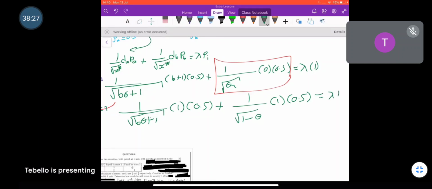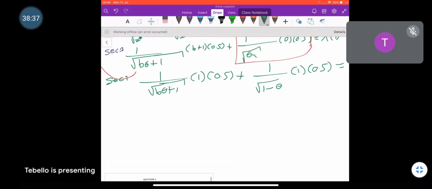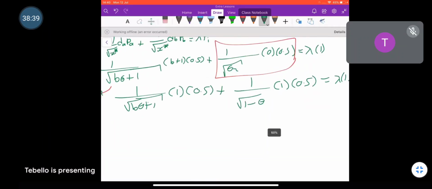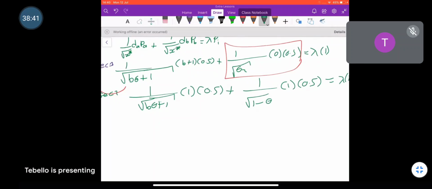And then we will try to solve for theta in this equation. So do you want me to solve for theta, or is it fine if I stop here? You can solve it on your own.